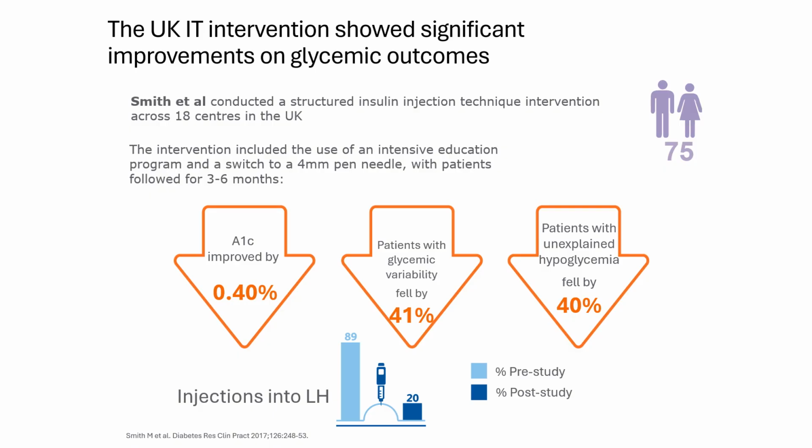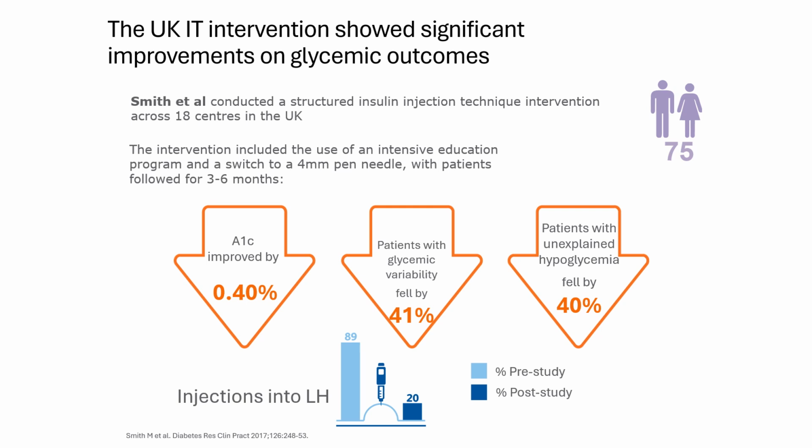There are a couple of studies. In the UK injection technique intervention, in a small number of patients, 75 patients, they used intensive education, switched them to a 4mm pen needle, and followed them for 3 to 6 months. Before the study, 89% of patients were injecting into lipohypertrophy, those lumpy bumpies that can cause insulin to not be absorbed properly, and only 20% were injecting into them after the study.